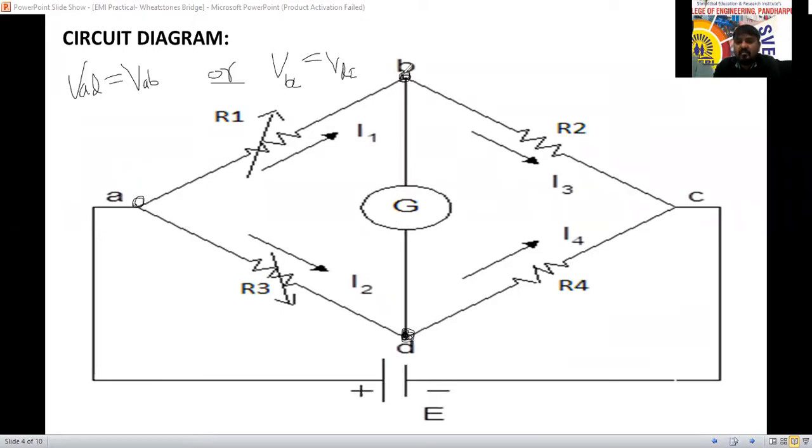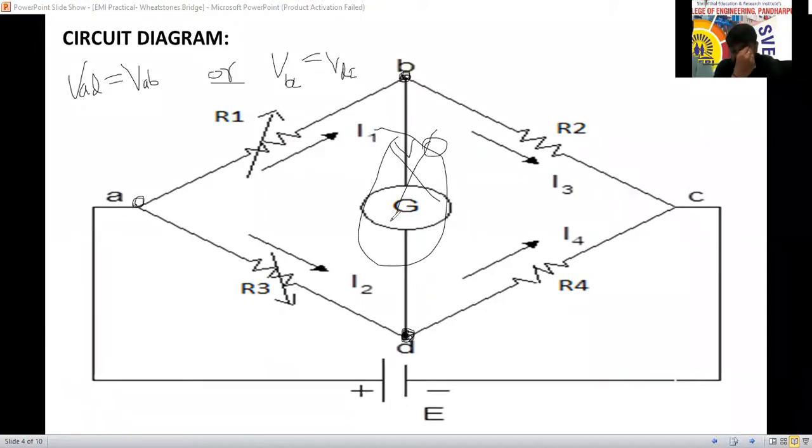The galvanometer is connected at B and D. So the potential difference between point B and point D should be equal. Then the current flowing through this galvanometer will be 0. It will act as an open circuit, as if there is no galvanometer at all. The galvanometer deflection will be 0. On that condition, we say that the bridge is balanced.